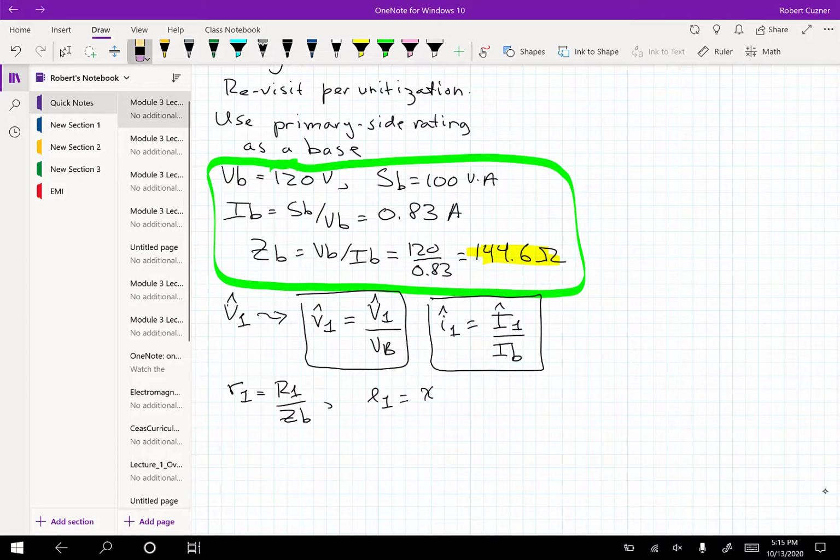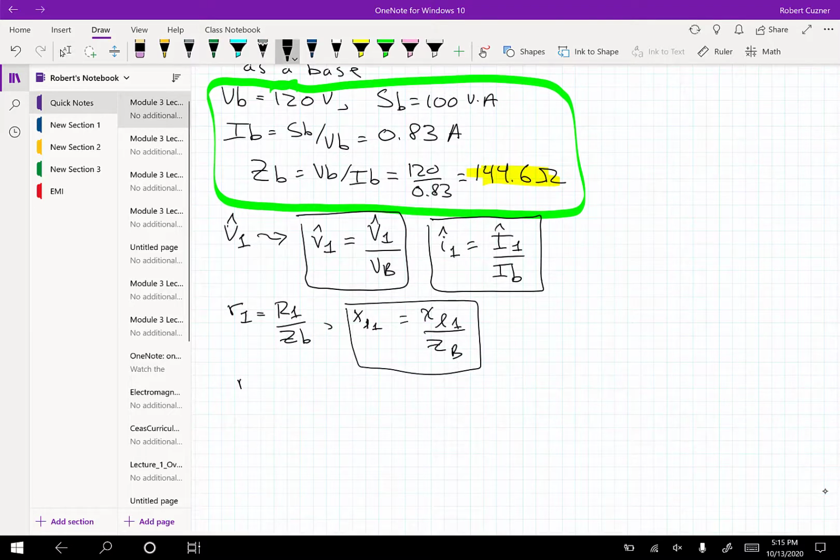Let's make it a little different here. XL1. R2 is R2 prime over Z base.